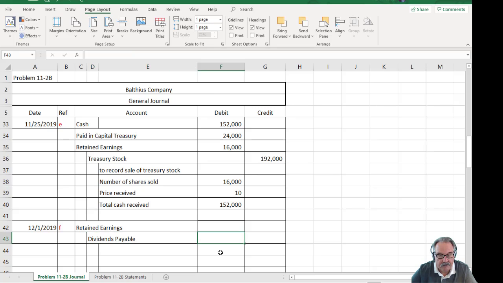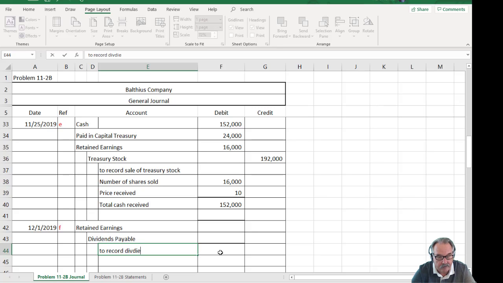And in this case, we have to record dividends declared in the amount of $2.50 per share.